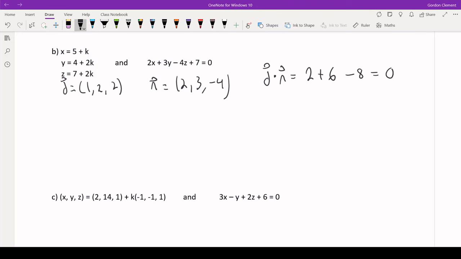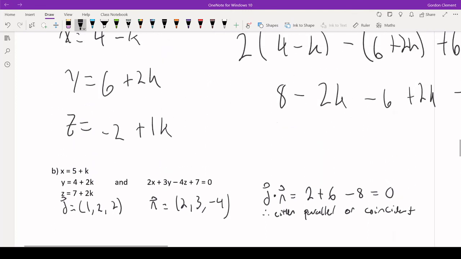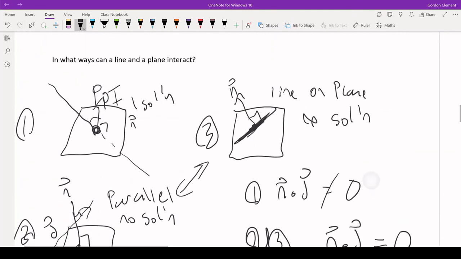So I know that the direction vector is perpendicular to the normal vector of the plane. So I know, therefore, it's either parallel or coincident on the plane. So one of those two things is happening.